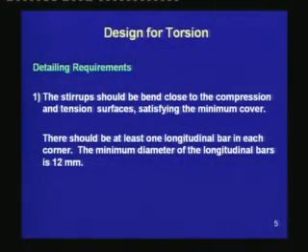There should be at least one longitudinal bar in each corner. The minimum diameter of the longitudinal bar is 12 millimeters. Thus, we are trying to have the stirrups as close to the periphery as possible.